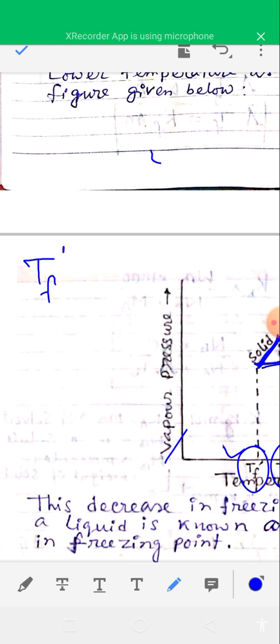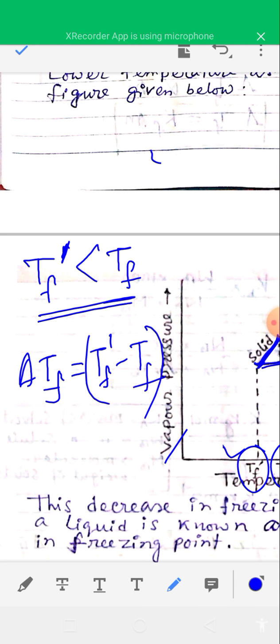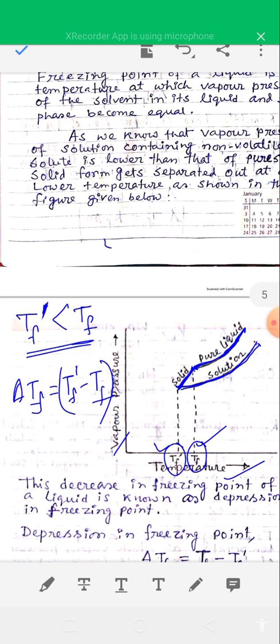The decrease in freezing point, which is represented by delta Tf, is equal to Tf prime minus Tf. This difference is known as depression in freezing point of the solution.